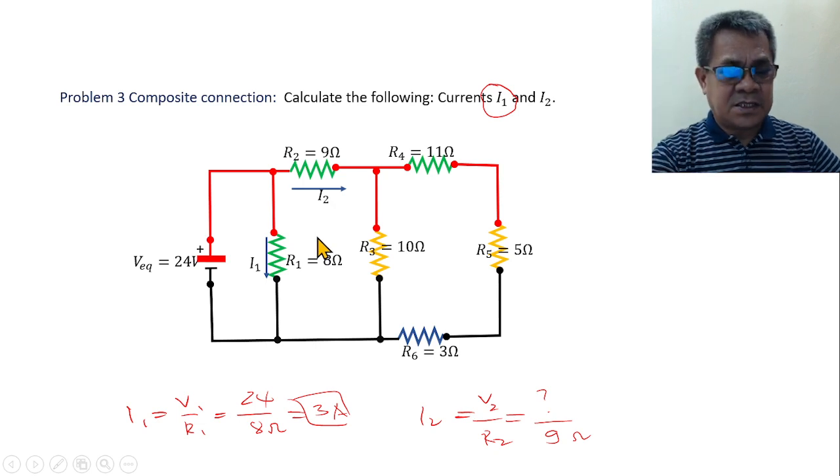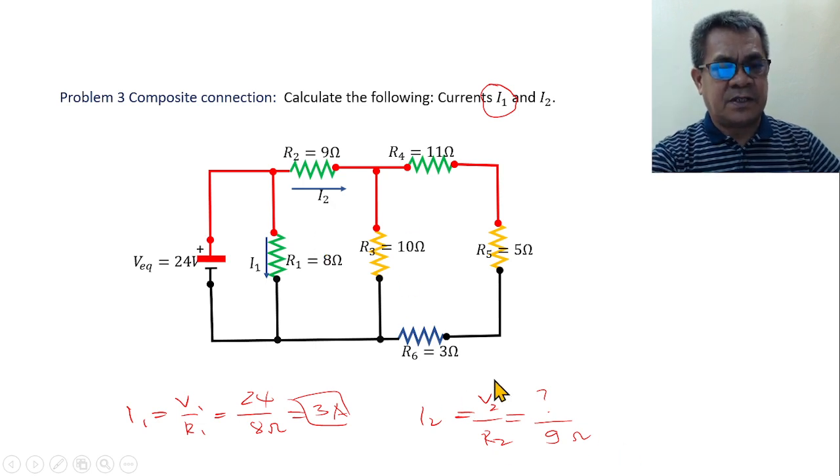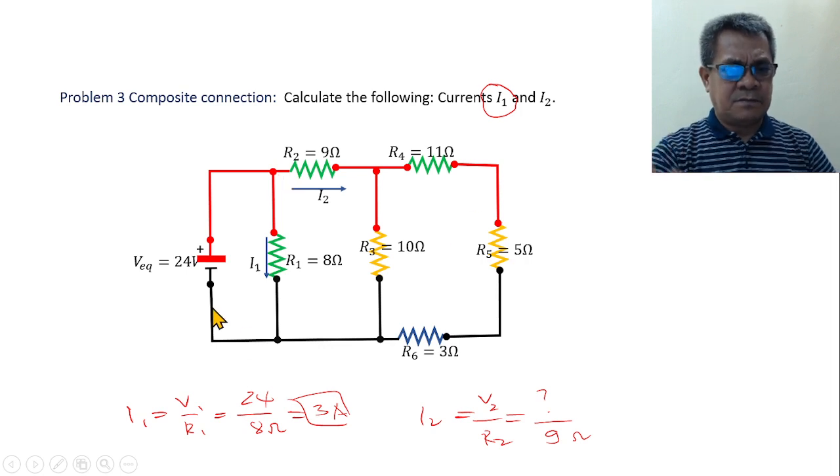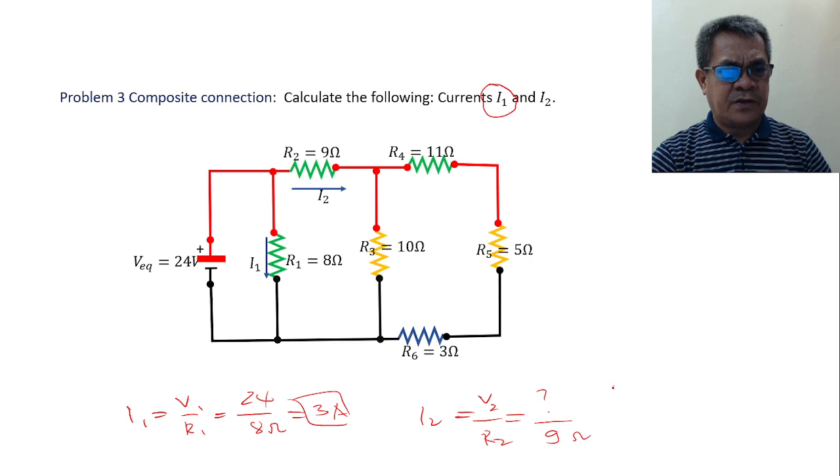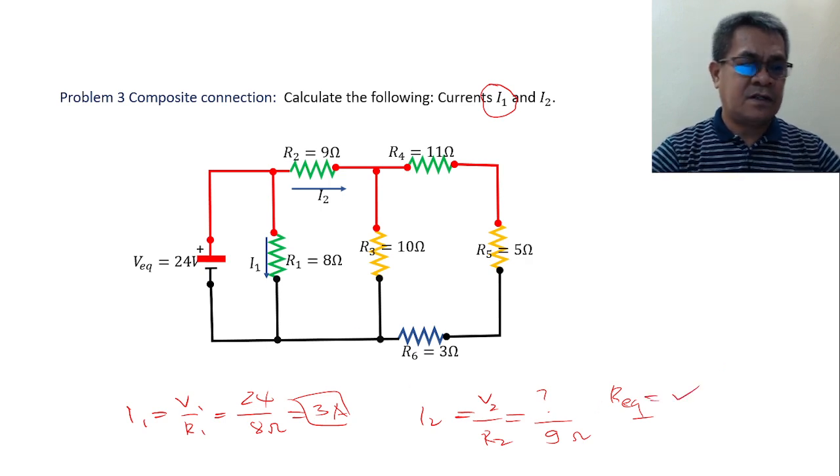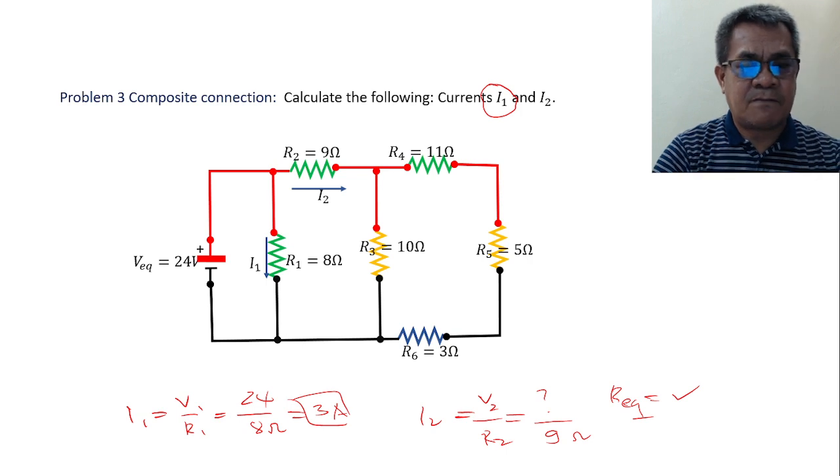So the strategy is, in order to solve for V2, we need to solve for the R equivalent. And take note that if all resistors are given, with any connections, then you can always solve for the equivalent resistance.